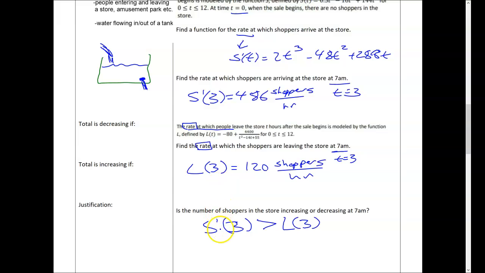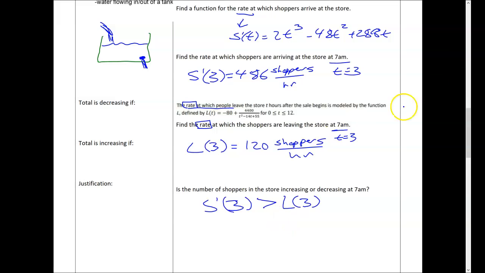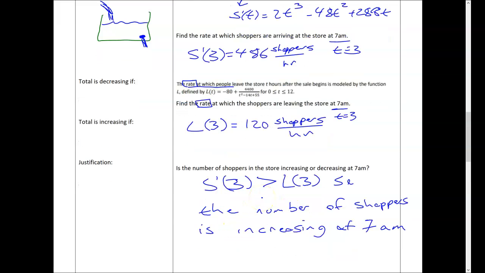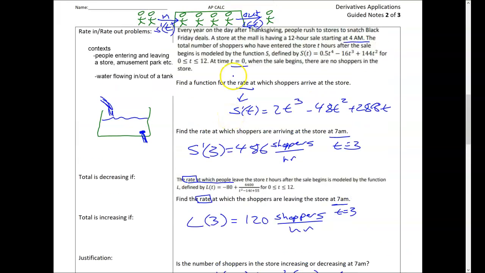Well, if more people are entering than leaving, we could say the number of shoppers is increasing at 7 a.m. So this interpretation is really the heavy lift of this problem, right? We want to compare in versus out. That's how we tackle these.